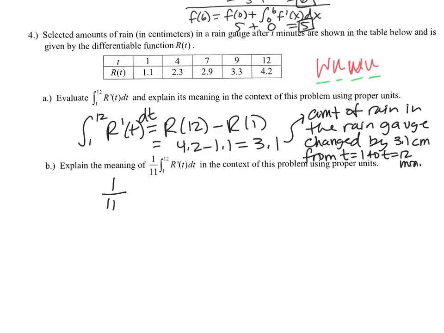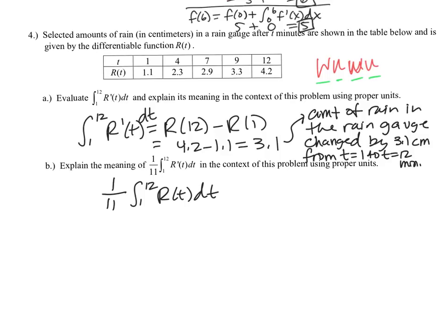So what you'll be asked on the test is explain the meaning of 1/11th of the integral from 1 to 12 of r of t dt. Now, r of t, remember, is an amount function. So while the previous expression gives us an average rate in centimeters per minute, this expression would be giving us an average amount.